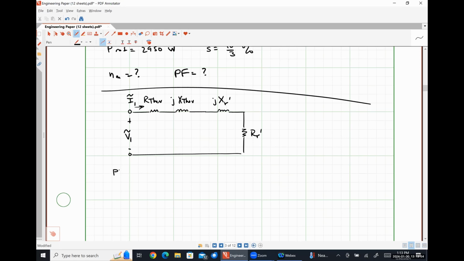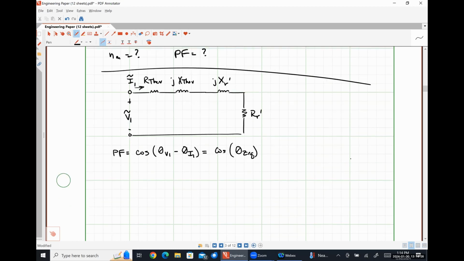Our power factor is just going to be the cosine of theta V1 minus theta I1, which is the exact same thing as the cosine of theta ZEQ. So if we can figure out what our equivalent impedance is in polar form, and we take the cosine of the angle of our impedance, that'll give us our power factor, right?